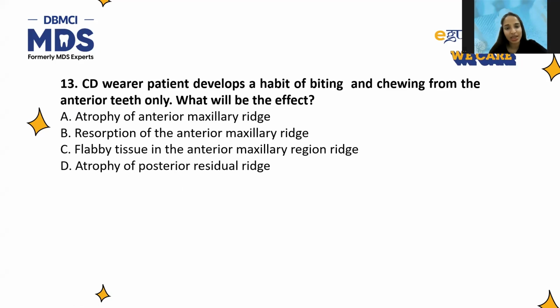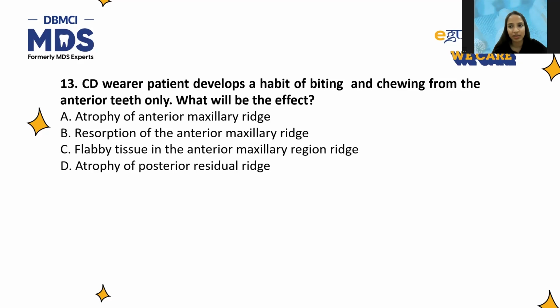Now, my dear students, I'm asking all of you, if you have a better recall of this question here, please put it down in the chat box. This is a question very similar to combination syndrome, or it is also called anterior hyperfunction syndrome, where when the patient bites from the anterior teeth, there is a possibility of starting the same cycle as your combination syndrome.